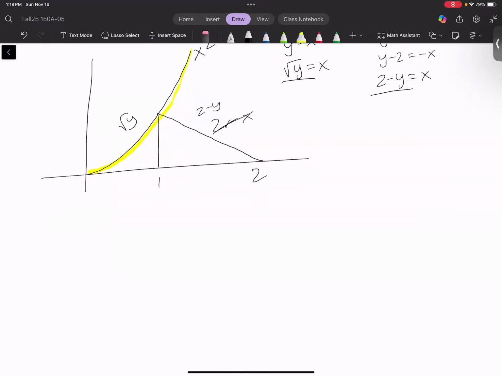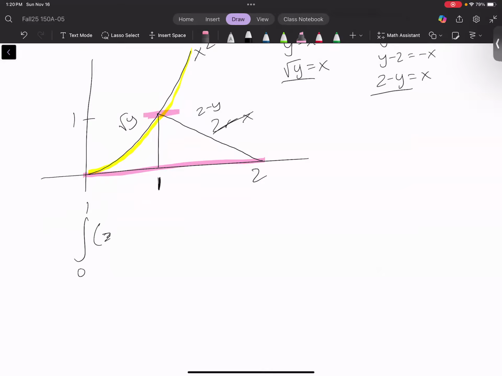But also we need y bounds. So y equals 0 is the x-axis. That's our lower bound. And then this is our upper bound here. What is that y value? I know the x value is 1, so we'll just plug in 1 to either of the functions and we get the y value is in fact also 1. So now we're integrating 0 to 1 and then it's right minus left.